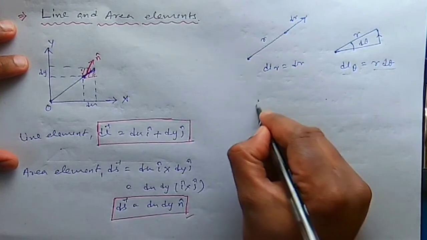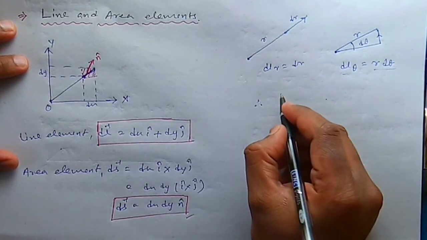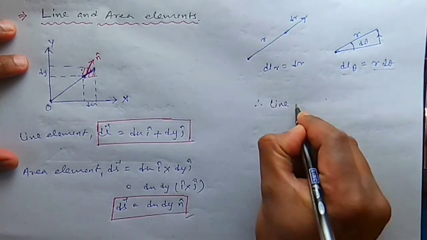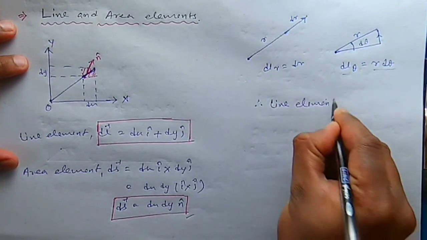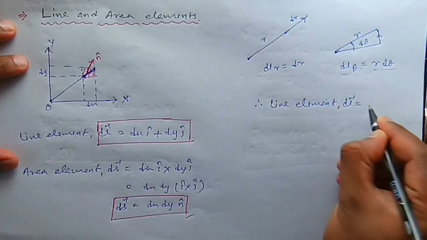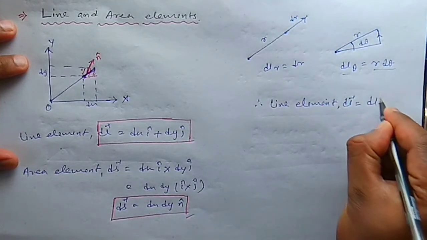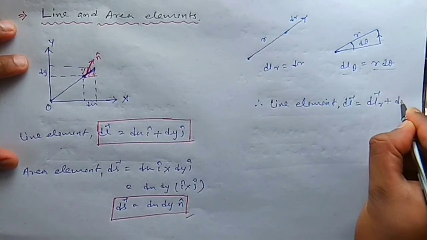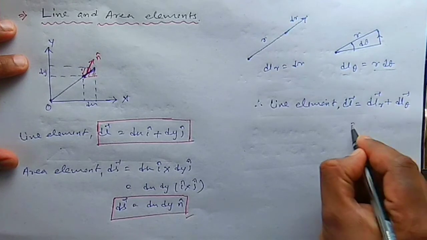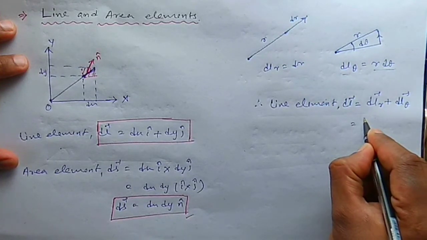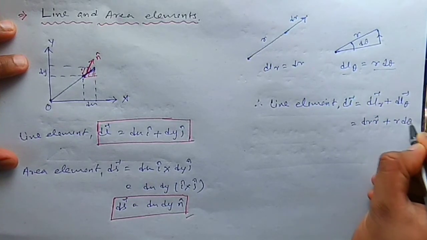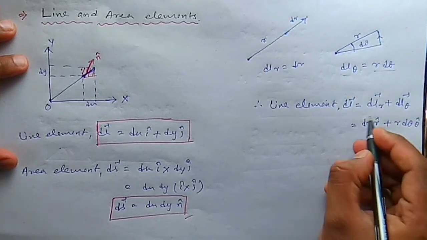So therefore the line element in plane polar coordinates, dl, is dl r vector plus dl theta vector, which is equal to dr r cap plus r d theta theta cap.